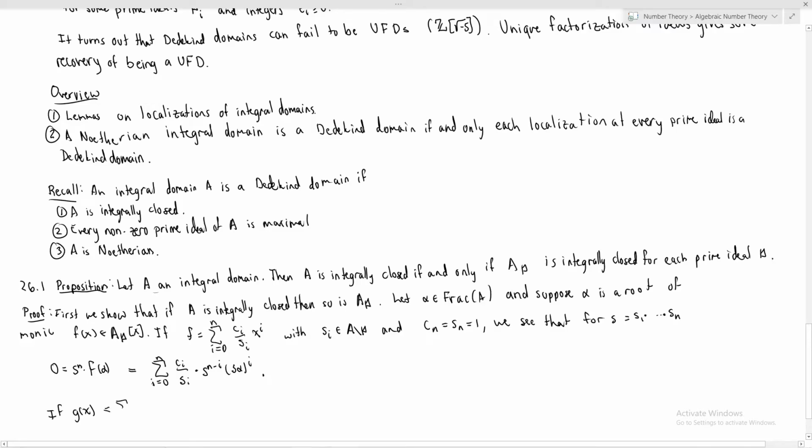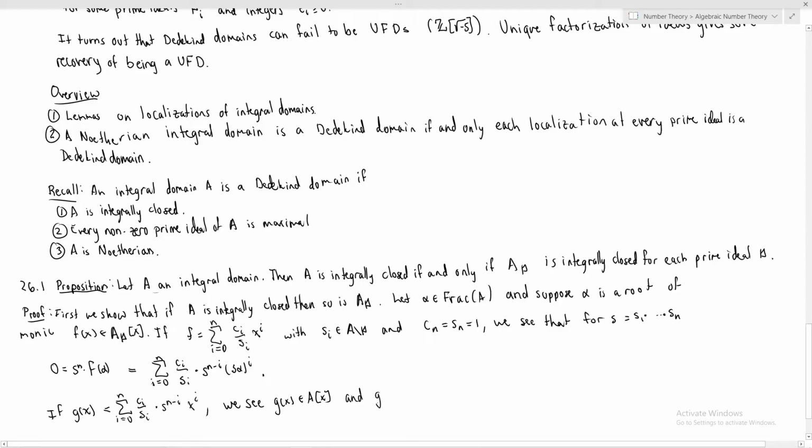If g of x is the sum from i equals 0 to n of c_i over s_i times s to the n minus i times x^i, well, we see that this is going to be a monic polynomial. g of x has coefficients in A, since the s basically cancels out with all the s_i's by our choice of s as the product of all these denominators.